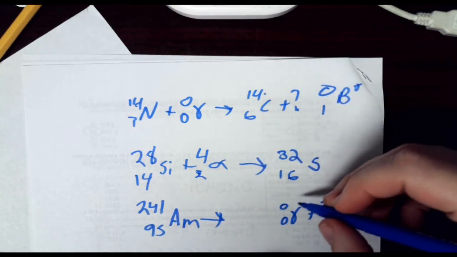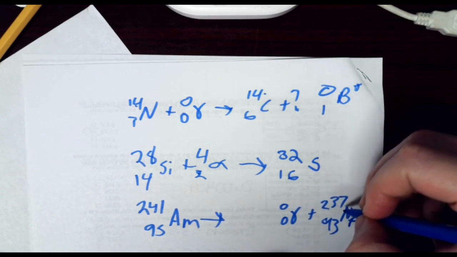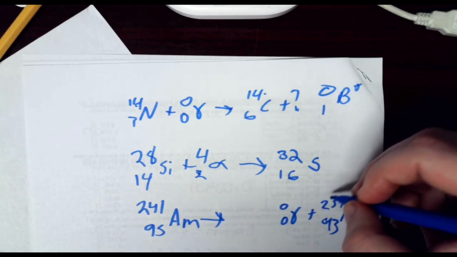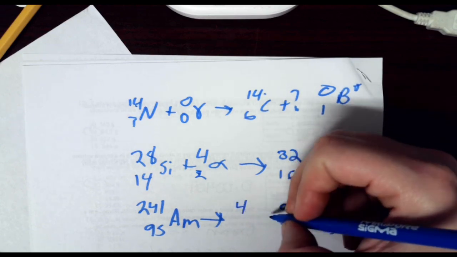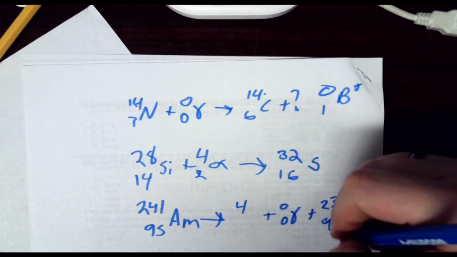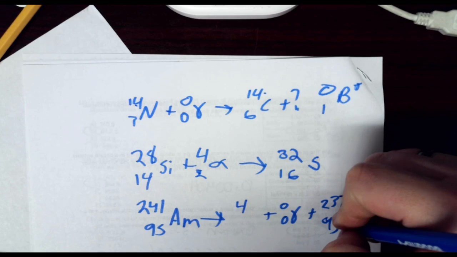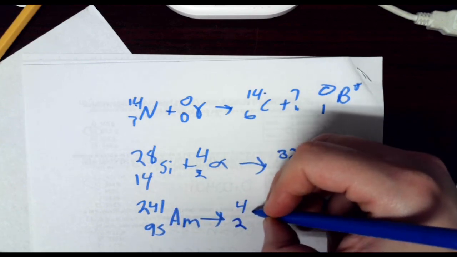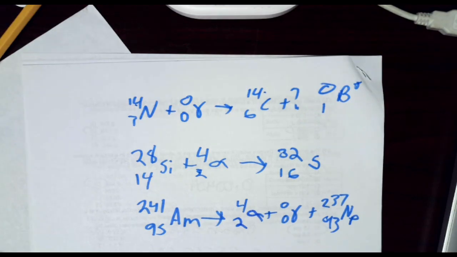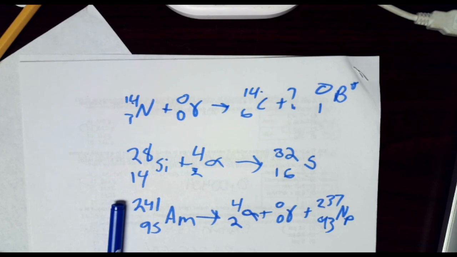And americium, 237 plus 0 plus what is 241? Well, I'm missing 4. Okay. 93 plus 0 plus what is going to be 95? That's 2. So americium undergoes alpha decay and a gamma decay to form neptunium. So just more practice math.